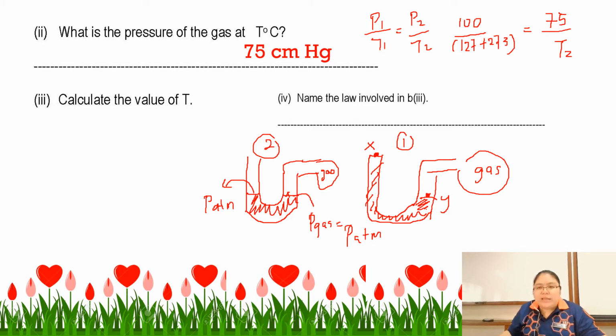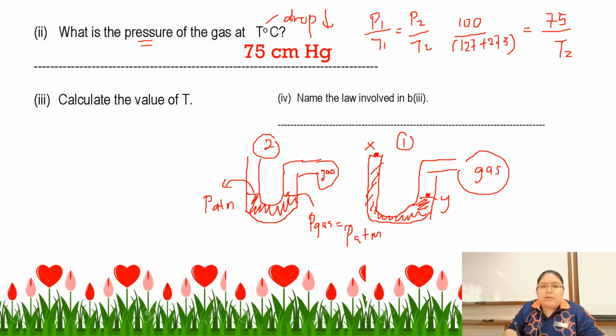So pressure at T, we know, this is T2 already, there's a 72.5. When the gas temperature drops, they ask you what is the pressure. I showed you already: when the temperature drops, it drops until the same level. So now the pressure is 75 cm mercury.